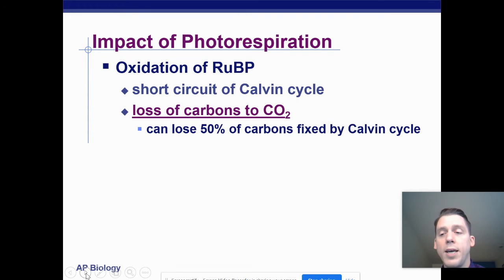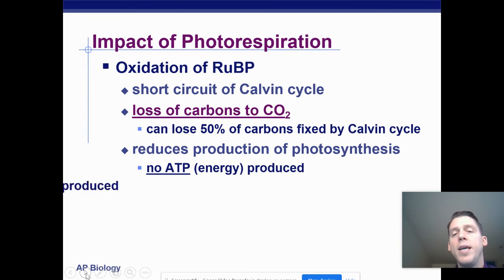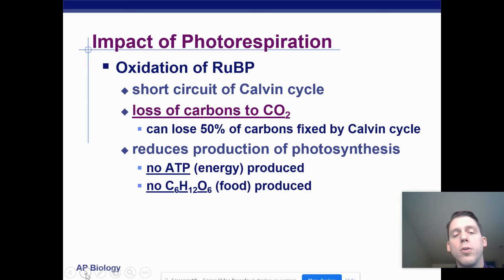Plants in a hot, dry climate are not going to do as well using traditional photosynthesis. So it reduces the production of photosynthesis. No ATP is produced. No glucose is going to be produced, or a lot less glucose is going to be produced.